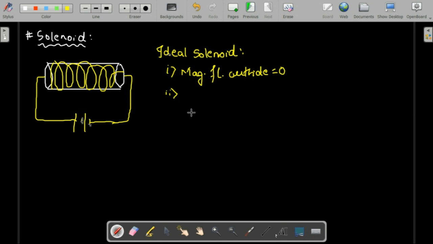Okay, and the magnetic field lines, as you know, it's a solenoid, so definitely is going to have field lines. The magnetic field lines are basically straight. We'll draw the field lines now. Okay, and parallel to the x-axis.